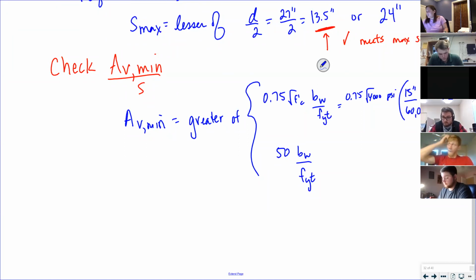We'll give you inches, but it's really inches squared per inch. So this should be 0.012.